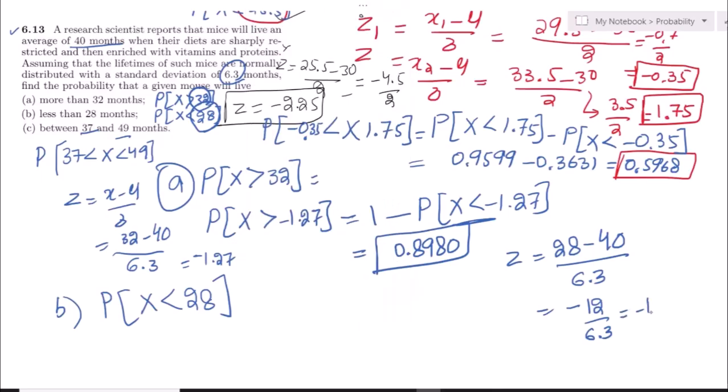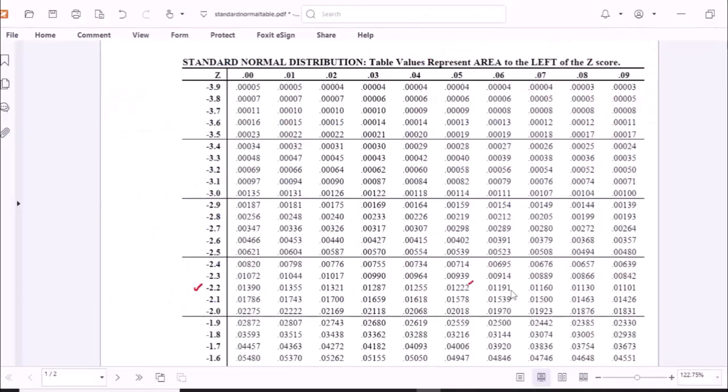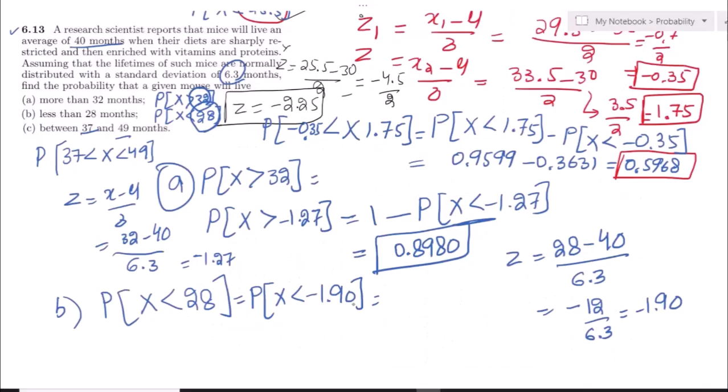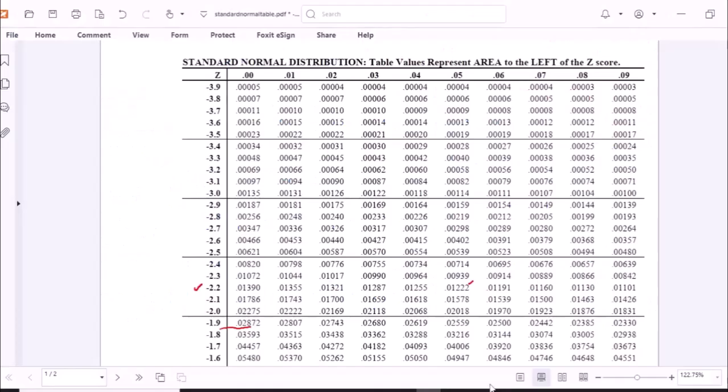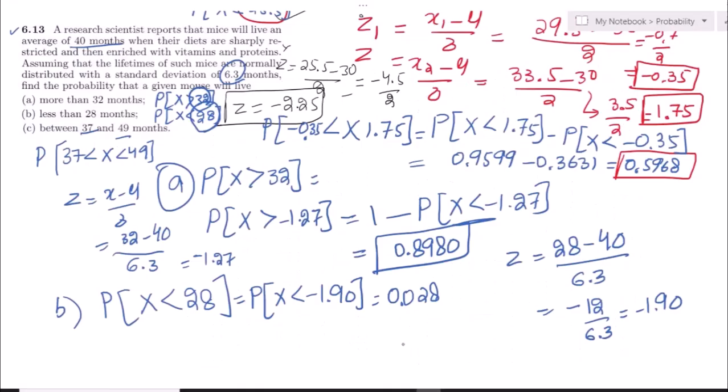So this is minus 1.90. In transformed form it is x is less than minus 1.90, and finding the answer of it here, minus 1.9 and this is 1.90, so 0.0287 to 0.0287, and that is the solution of part B of my question.